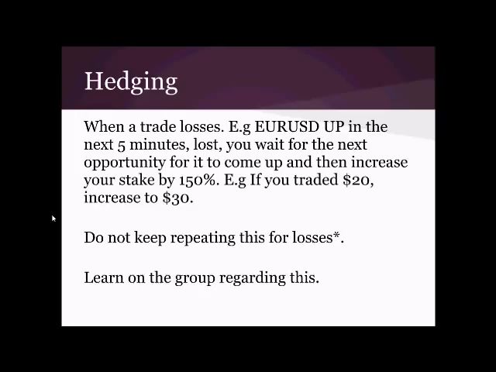Now I will stress that you do not keep repeating this for losing trades. The reason is it's just basic mathematics really. Something like a 70 to 80% win ratio is considered extremely brilliant in binary options. You're going to make a lot of profit if you're getting an 80%. But if you think what 80% actually is in terms of statistics, 80% of 1,000 trades means that 20% of the time you've got losses.